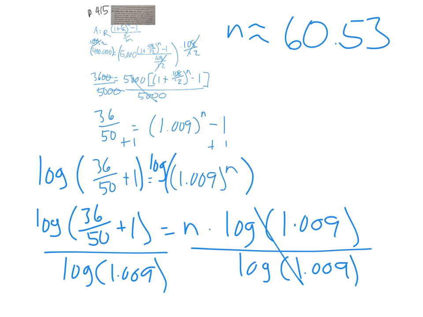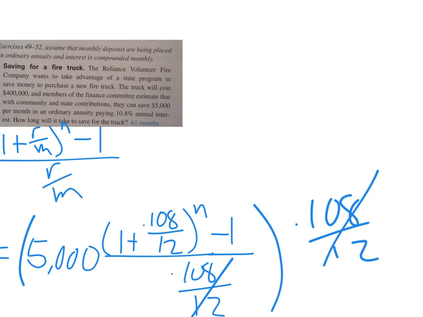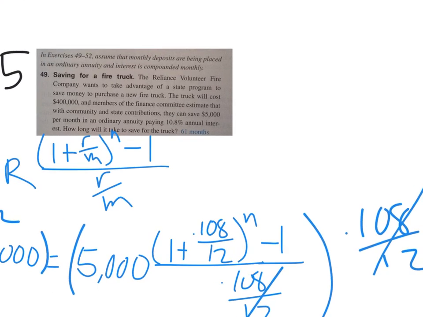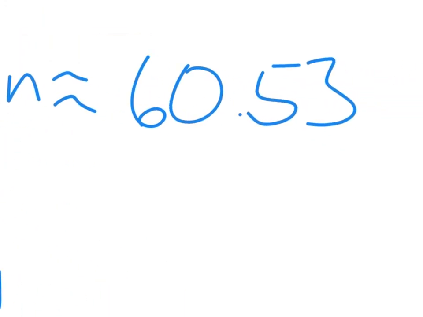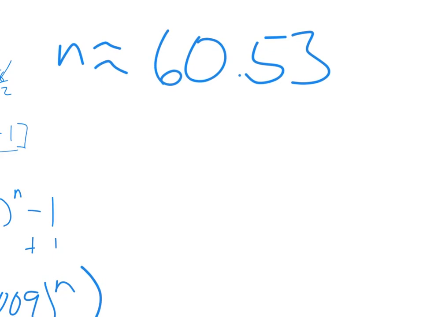Now, the question, if you don't remember, was how long will it take to save for the truck? Since we're compounding monthly, n is automatically in months. So this is 60.53 months. If you want to answer in whole months, by the 61st month, so we'll just say 61 months.